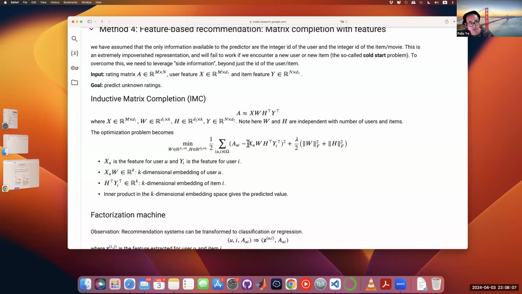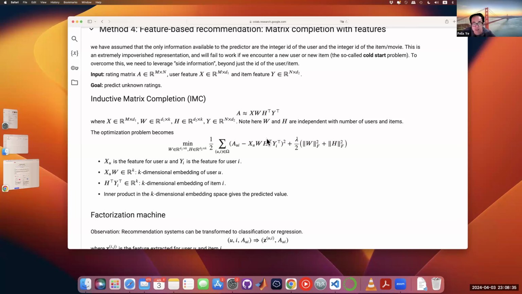In any case, you can think about X_u, which is the feature of user u, and Y_i, which is the feature of item i. So X_u times W is the k-dimension embedding of user u, and H transpose of y_i is the k-dimension embedding of movie i.